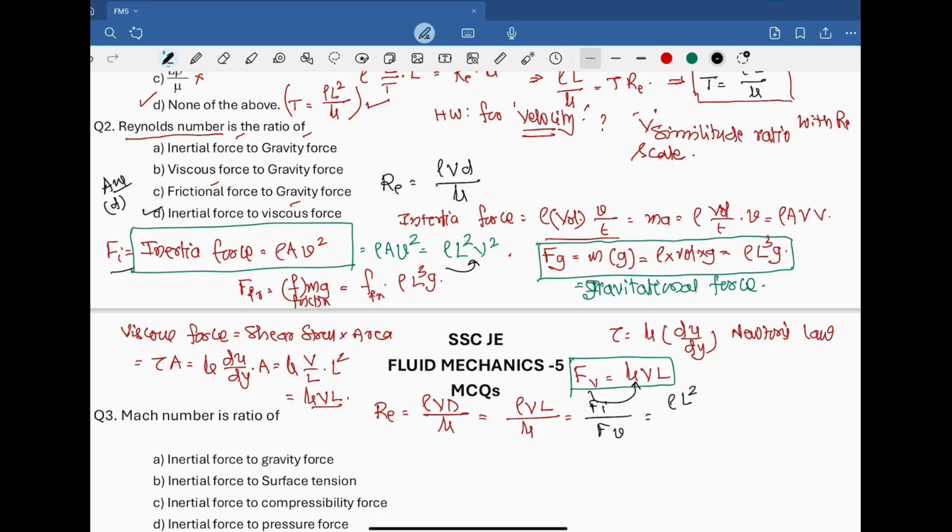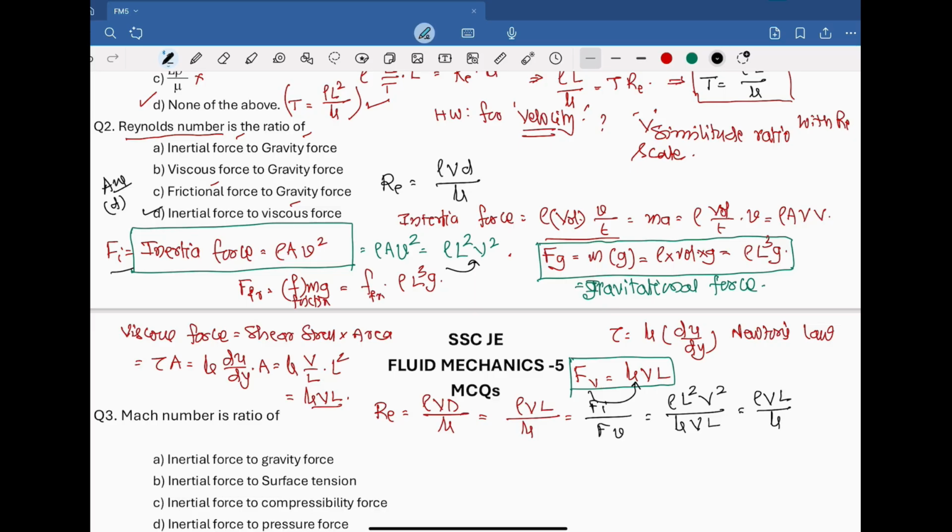Rho L square V square, divided by viscous force, which is mu V L. Now V L will go off, that means rho V L by mu.